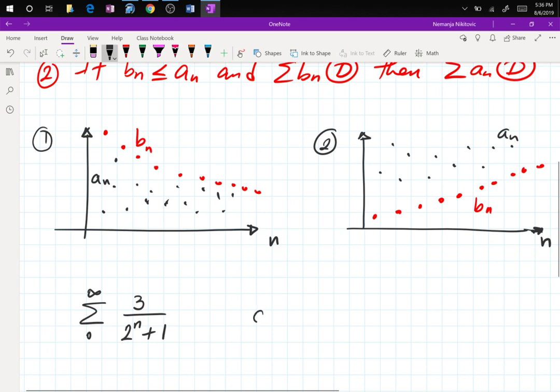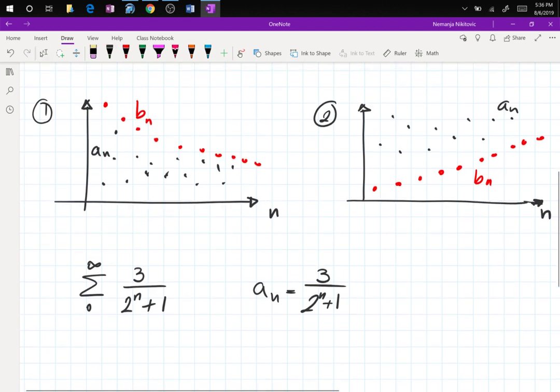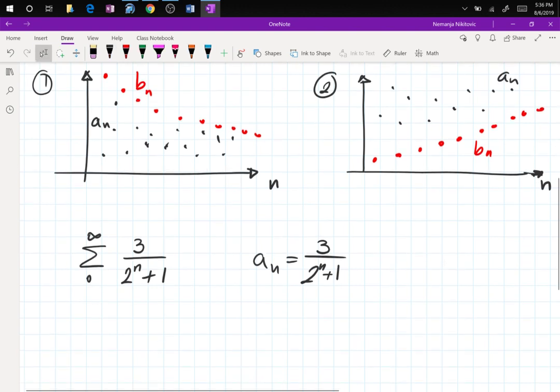So you extract an, which is 3 over 2 to the n plus 1. And now you say, well, without this plus 1, this would be a convergent series. So I am thinking this should converge. So let's try and use bn as 3 over 2 to the n, whose series bn would converge.